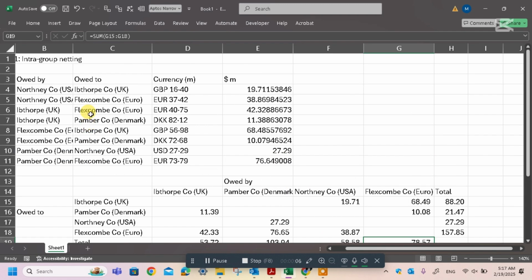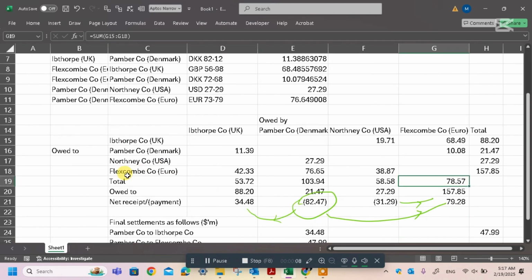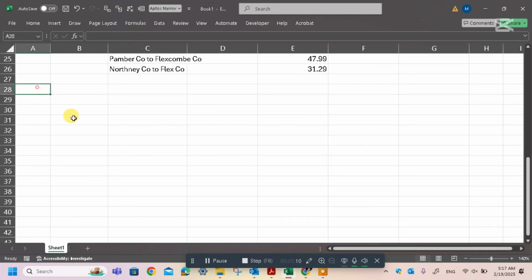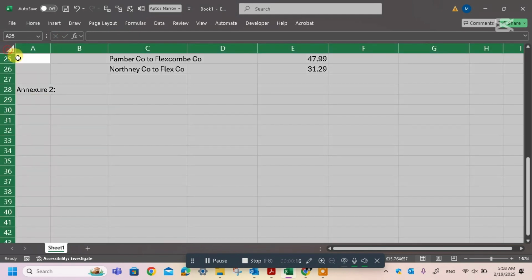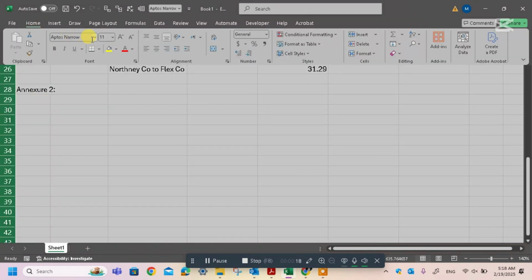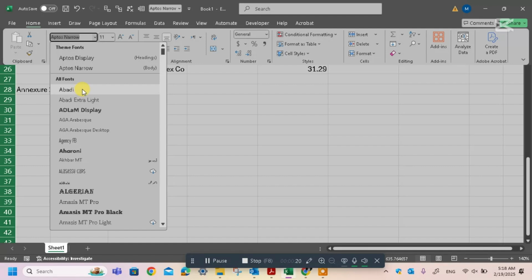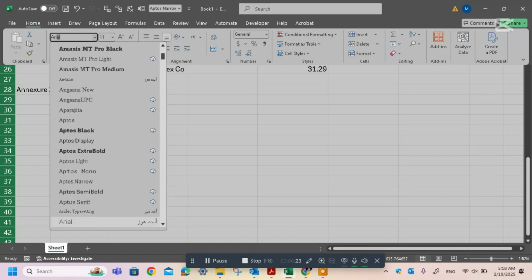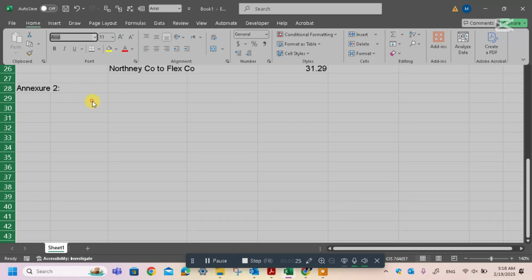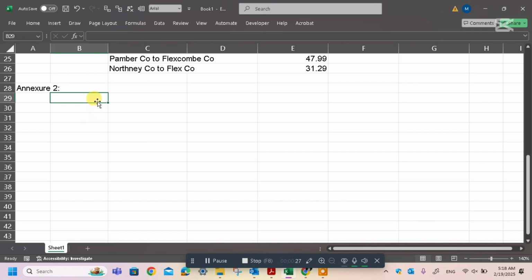Annexure 2. Let me change this font. Let's make it Arial or something. Better. Right. Annexure 2. It's going to be futures hedging.